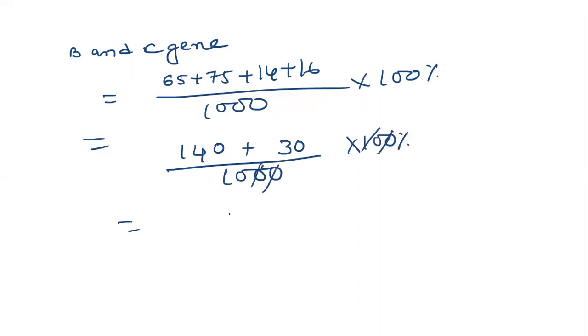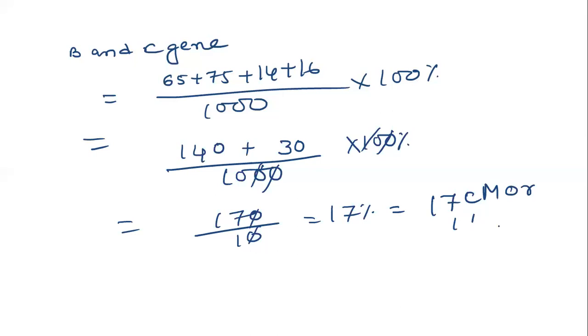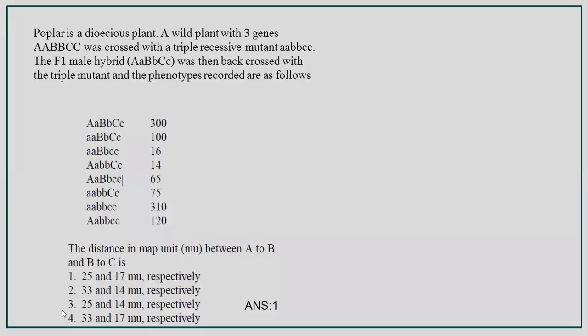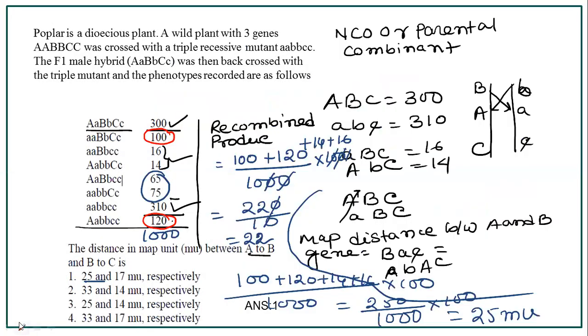So 170 by 10, 17%. 17% equal to 17 centimorgan or 17 map unit. So the answer is option 1. So the answer is 25 and 17 map unit respectively.